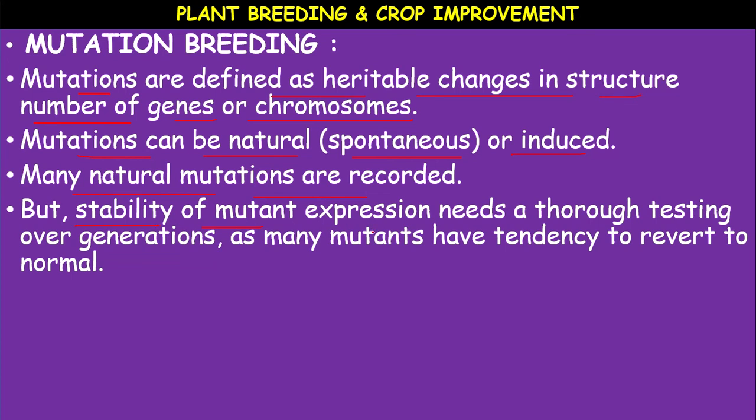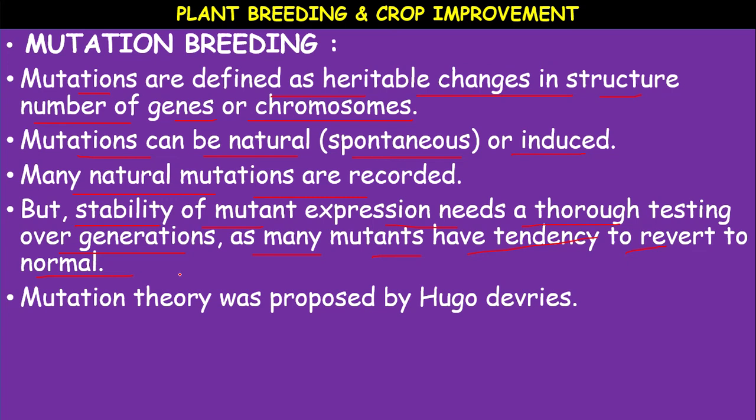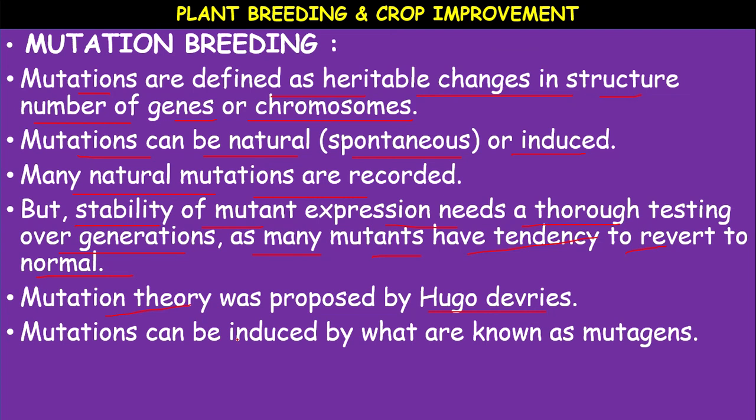The stability of mutant expression needs a thorough testing over generations, as many mutants have a tendency to revert to normal, because there is a chance of coming back to the normal. So that is why the stability of mutants must be tested thoroughly over generations. The mutation theory was proposed by Hugo de Vries.